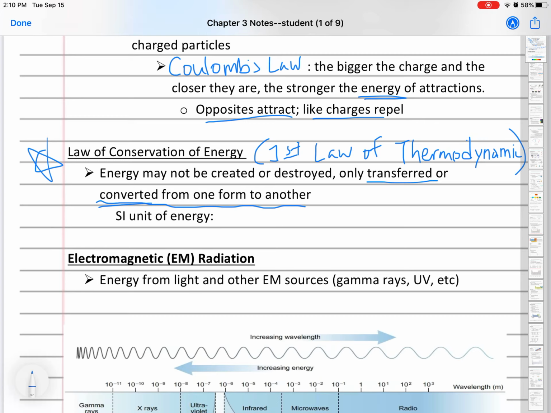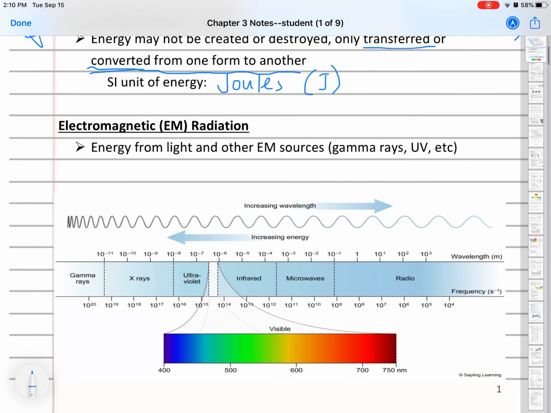So anyway, the SI unit of energy that we'll be working with is joules, and the one-letter abbreviation is a capital J for that. So one type of energy comes from waves, from the electromagnetic spectrum. Different forms of radiation can provide energy.